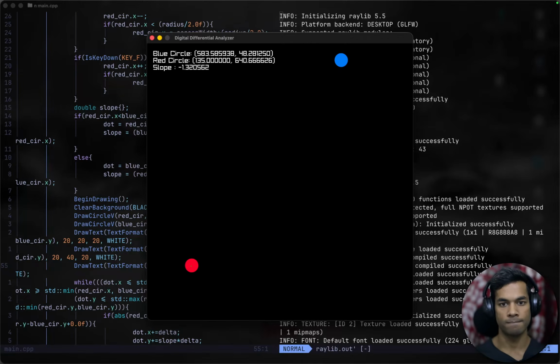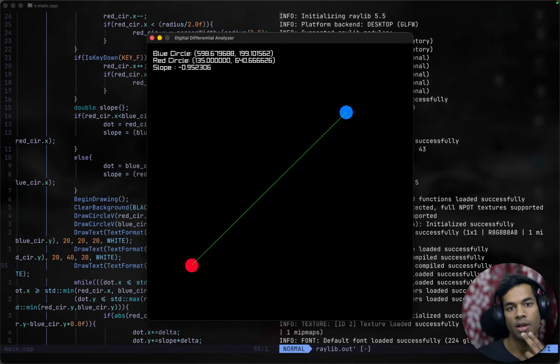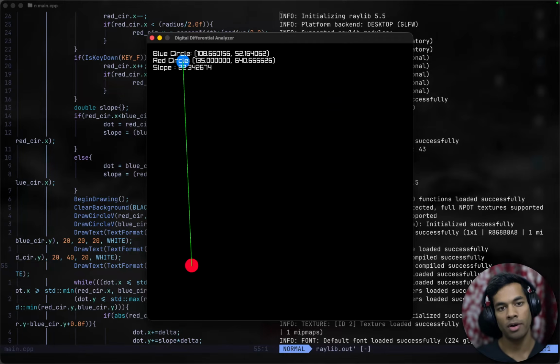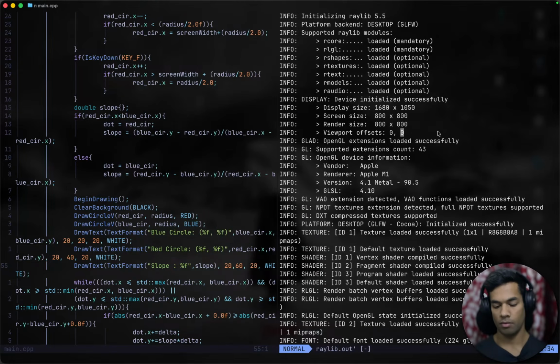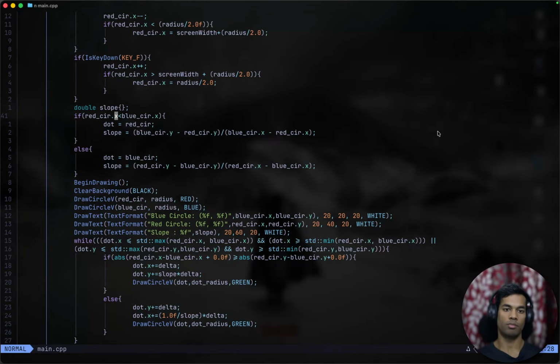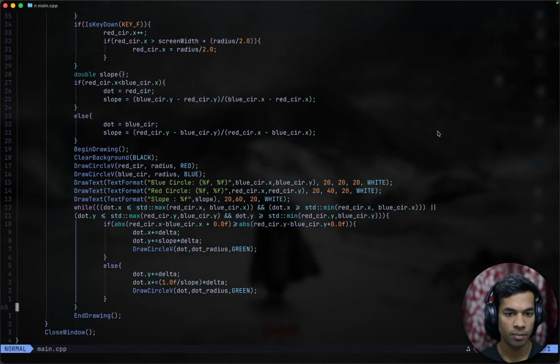And this problem happens when a slope becomes smaller than -1. Why? Because we are looking at slope. Nope, we are not looking at slope. When the slope becomes smaller than -1, I guess in that case we are moving in the wrong direction.